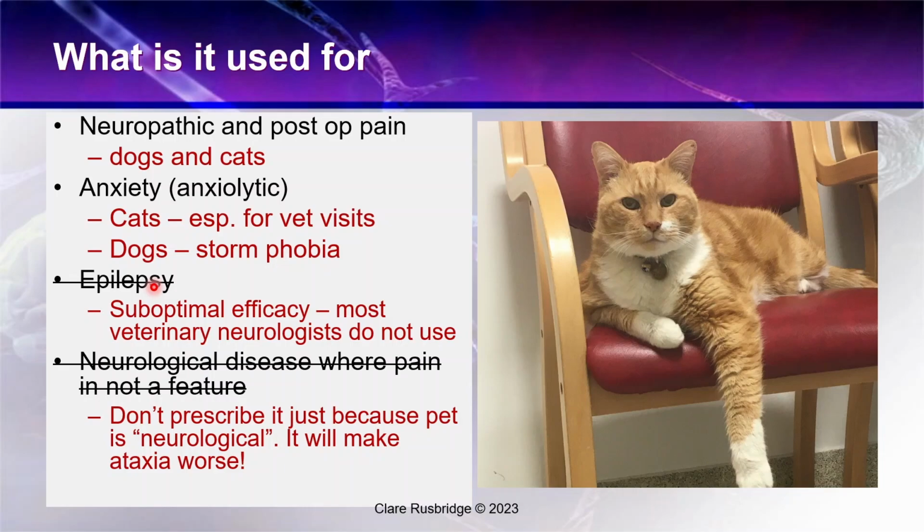It really is, there's no reason to prescribe it at all if the animal is not painful, if it's neurological because of another reason. And especially as the adverse effect of gabapentin is to cause ataxia, you will make that ataxia worse. So if you've identified spinal disease but you haven't identified pain, then please don't prescribe gabapentin.